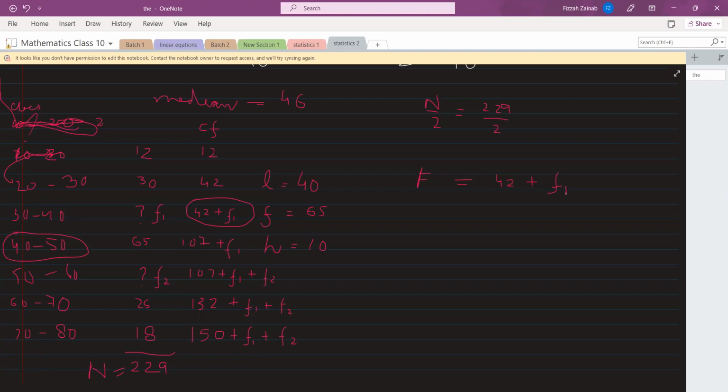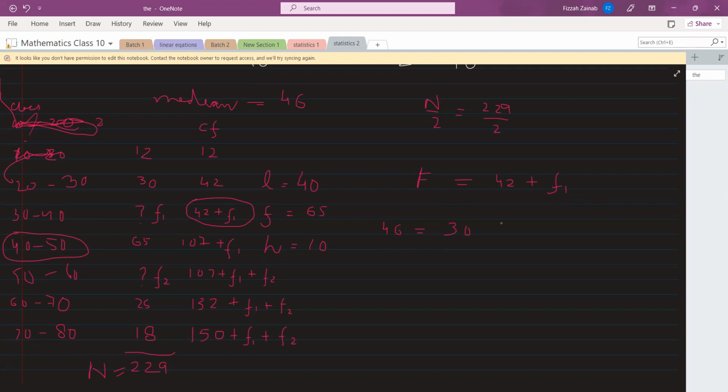Okay. What else? N by 2. Now you can put this in the formula. So median is already given. That means 46 is equal to L, which is 30. Please write the formula, I'm just skipping it.